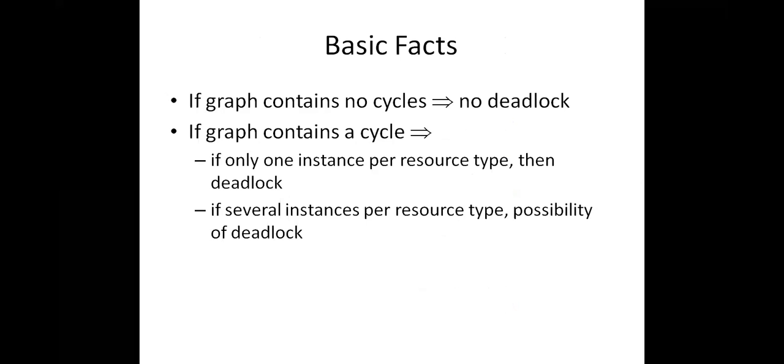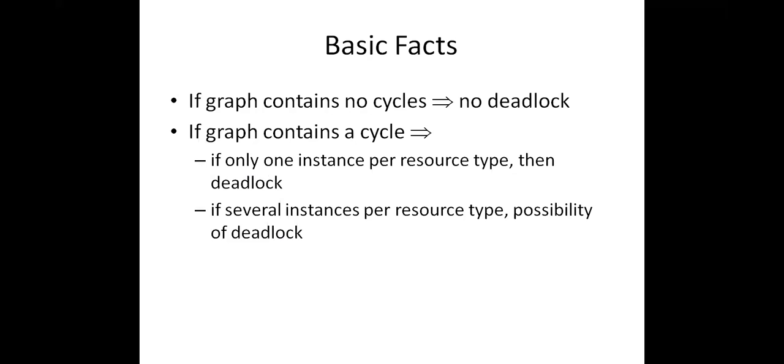Okay. As I told you, if a graph contains no cycles, there is no deadlock. If a graph contains a cycle, what do you need to do? We need to check: if only one instance of a resource is available, then it is a deadlock. If there are several instances per resource type, there is only a possibility of deadlock, which means we cannot say there is a deadlock just because there is a cycle.